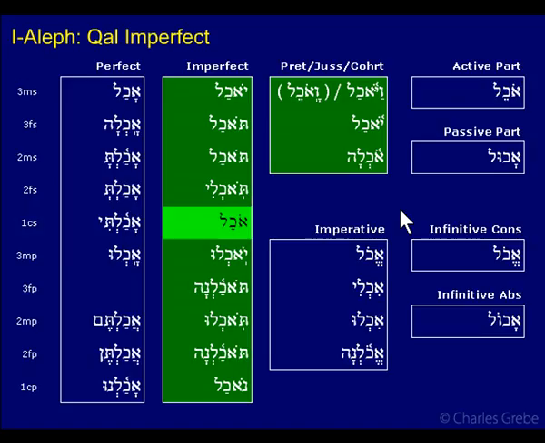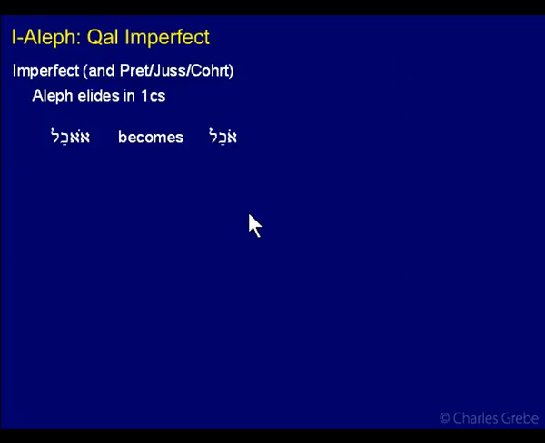Okay. What about this form here? Why have I highlighted it? Ochal. Well, the reason is because of this. Achal, if you were to add the aleph, that's the prefix, to the first root, which is also an aleph, what happens is the quiescent aleph drops, and it just becomes ochal.